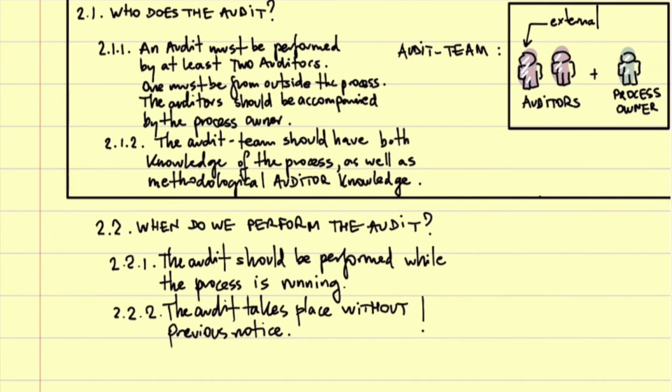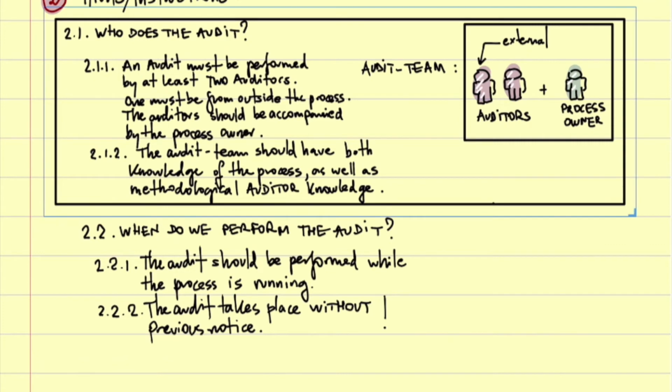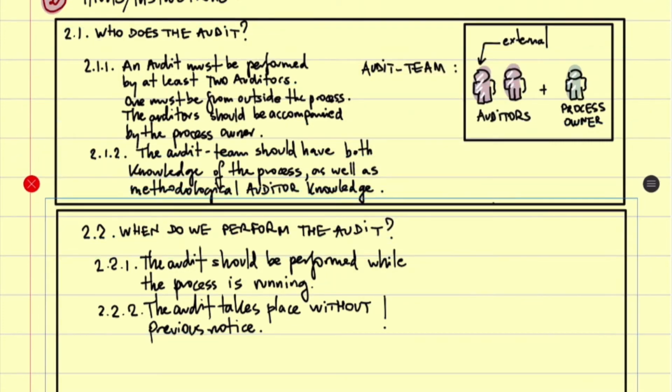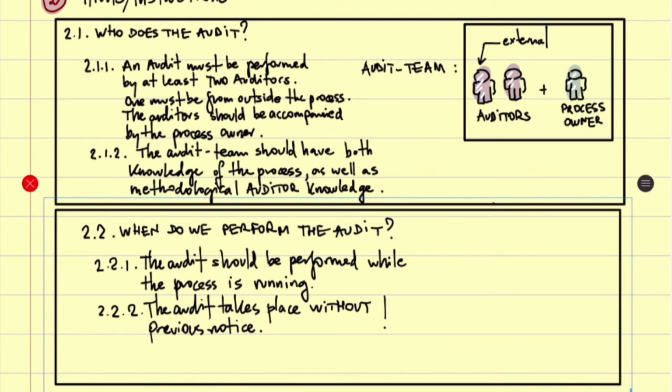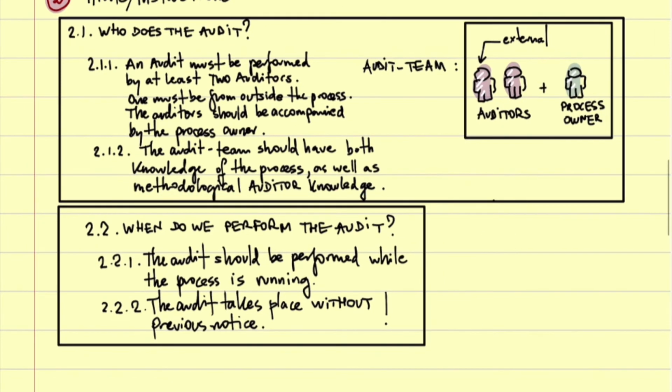Otherwise people prepare and they don't show the reality as is. This audit is usually linked to money for the process owner. So if the goals are not achieved, then they get minus money. Okay, so this is why it's important for the people, and they usually prepare.